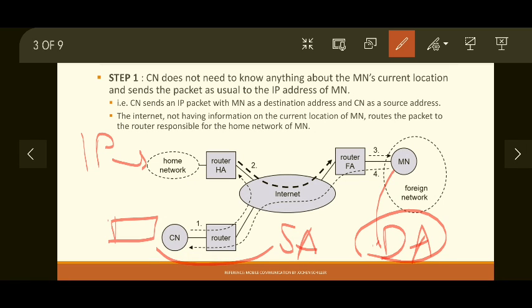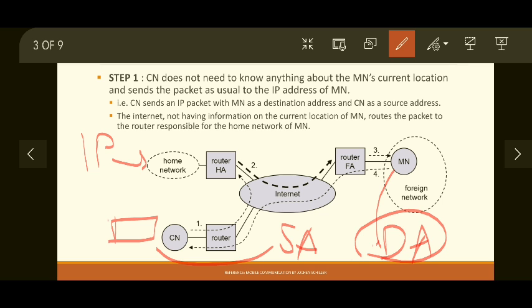Now this packet is sent by the correspondent node, which travels through the router and reaches the internet. The internet, as we all know, is an interconnection of several networks as well as several routers. So they are not worrying about what is the location of the mobile node.